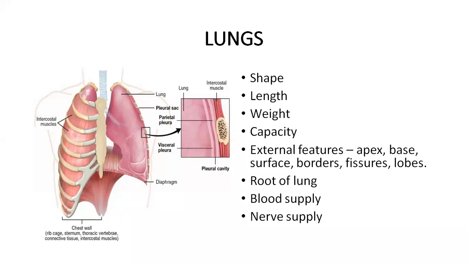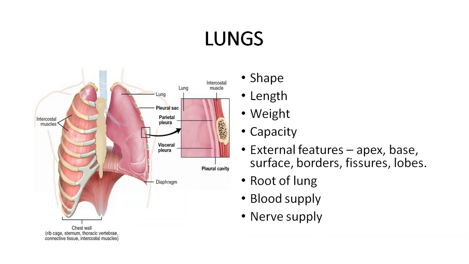It is conical in shape, so it has an apex and a base. The apex is blunt and enters the root of the neck just above the first rib. The base is concave in structure and lies upon the diaphragm.